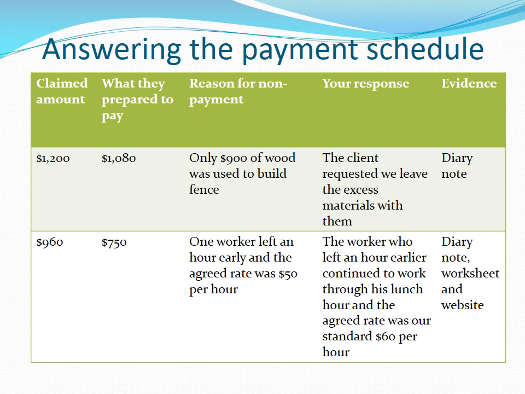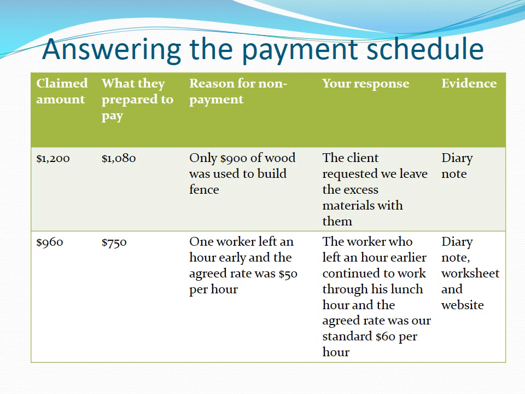Only $900 of wood was used to build the fence. Your response is, the client requested we leave the excess material with them. Your evidence to this is a diary note. Your amount claimed of $960. They are only prepared to pay $750. Their reason, one worker left an hour early and the agreed rate was $50 per hour.